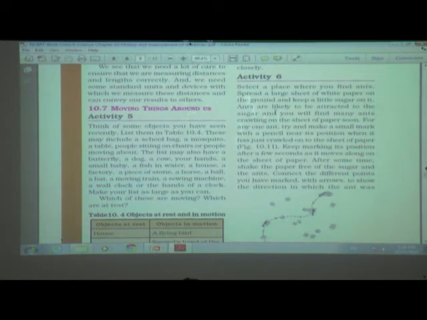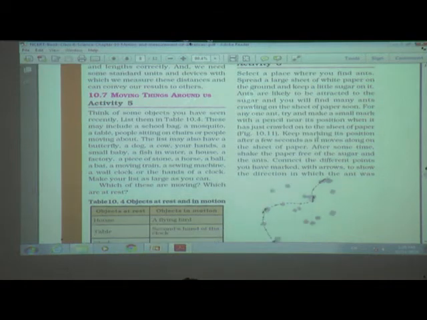For any one ant, try and make a small mark with a pencil near its position when it has just crawled on the sheet of paper. So just make a mark where the ant was. Now keep marking its position after a few seconds as it moves along on the sheet of paper. So keep marking.